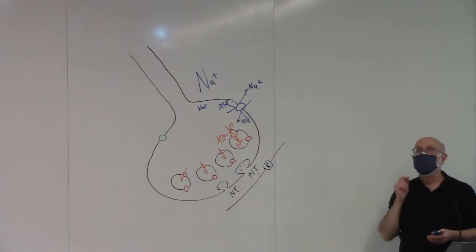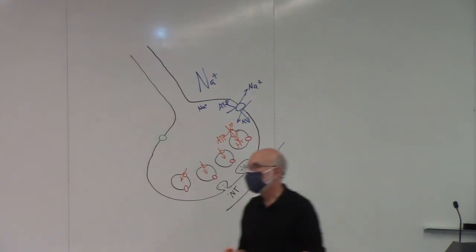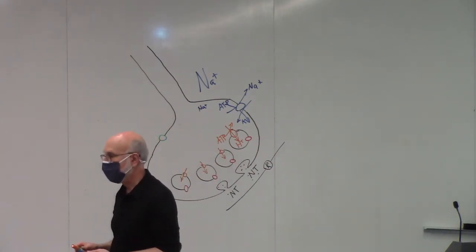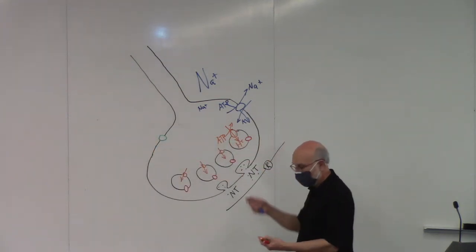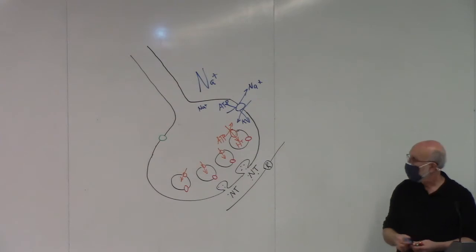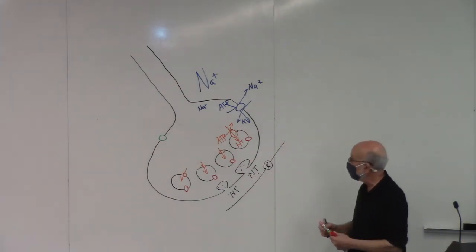Okay, next. Jenna: proton neurotransmitter exchanger. A what? The proton and neurotransmitter exchanger, in red. Red is the protein.